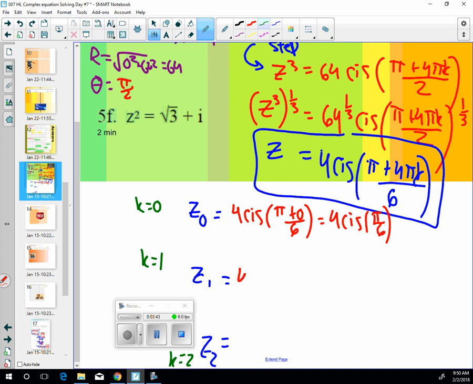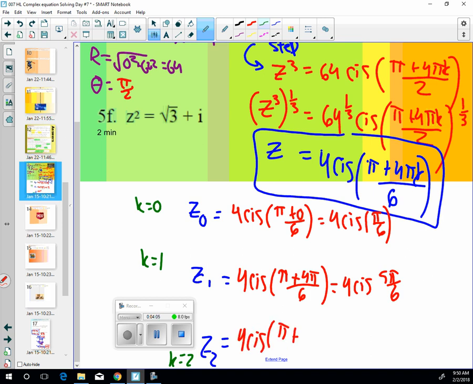Next one will be 4 cis of (pi plus 1 times 4 pi, which is 4 pi) over 6. What will that be equal to? 4 cis 5 pi over 6. And then the last one's going to be 4 cis of (pi plus 2 times 4 pi, or 8 pi) over 6, equals 4 cis 9 pi over 6.